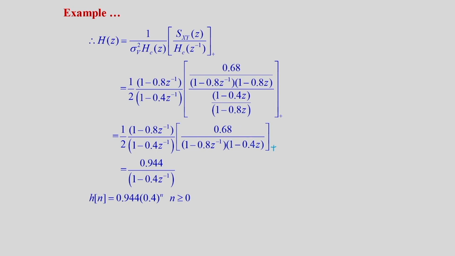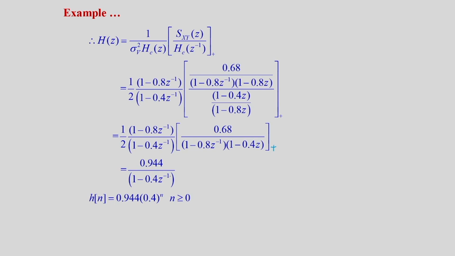So, if we have the partial expansion and take the part containing 1 minus 0.8 Z inverse as the denominator, that part will be the positive part of the Z transform, because that part only will contain the non-positive powers of Z. So, we will take that part and then simplify with this, and ultimately we will get Hz equal to 0.944 divided by (1 minus 0.4 Z inverse).